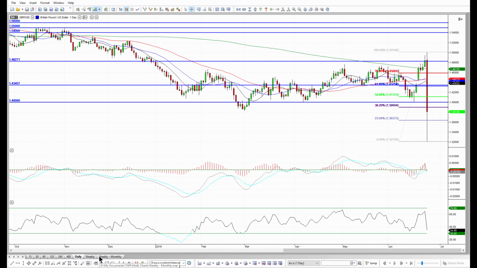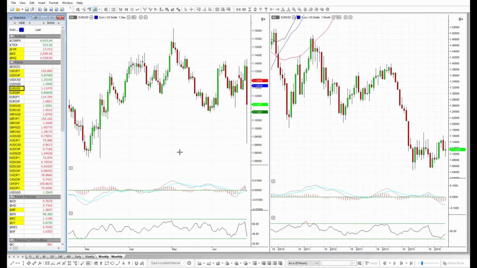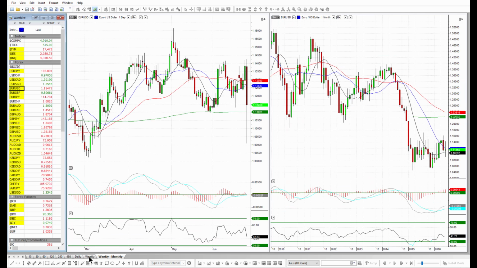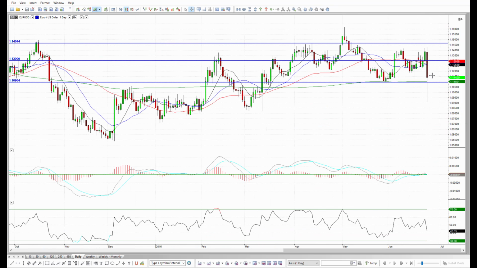Now let's take a look at a couple of others. If we look at euro dollar, being the biggest market in the world, of course, I want to come to the daily chart so we can see the move here. We've got a couple of levels marked in here. We've got the old lows here.